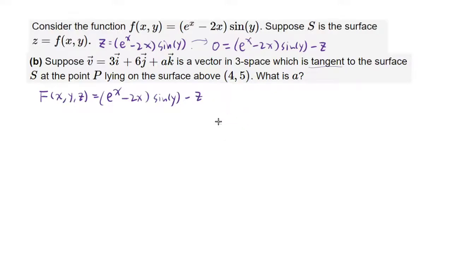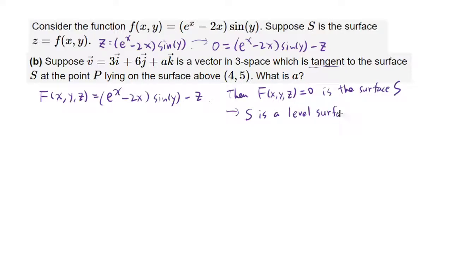The reason you want to do this is, first, notice that f of x, y, z equal to 0 is exactly this equation, which is our surface S. And this means S is a level surface of f of x, y, z.